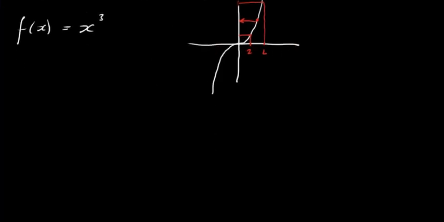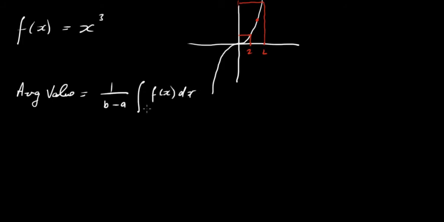So we know that the average value, again I'll do this in white, is equal to 1 over b minus a, the integral of our function f of x dx between a and b. In our particular case we want to find the average value between 2 and 4, so it's going to be 1 over 4 minus 2.